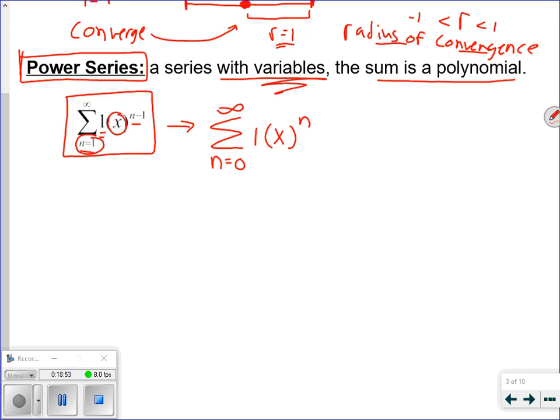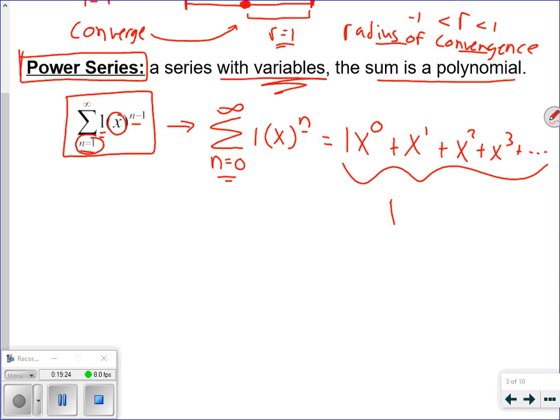Instead of n equals 1 and n minus 1, you're going to see n equals 0 and n, because it's in the form of a polynomial, and polynomials have powers of just n or just a number. If you were to expand this, this would be 1 times x to the 0 plus 1 times x to the first plus 1 times x squared, x cubed, and so on and so forth. The summation is going to be what's called a polynomial, right? This looks like a polynomial.